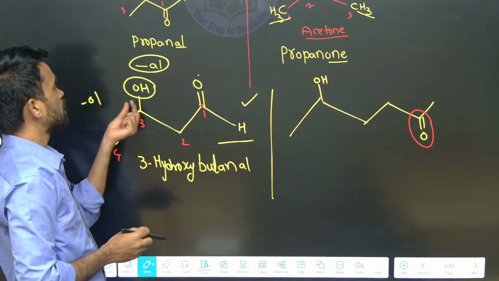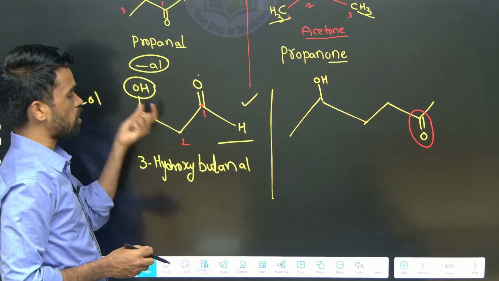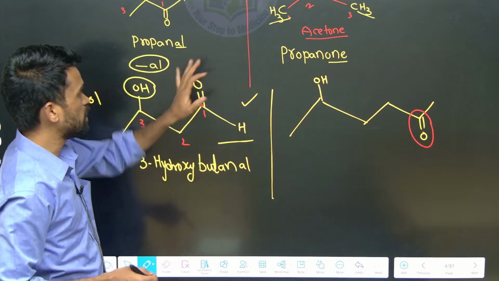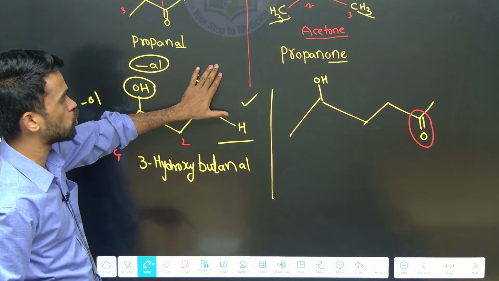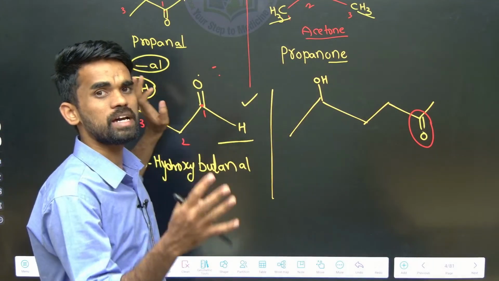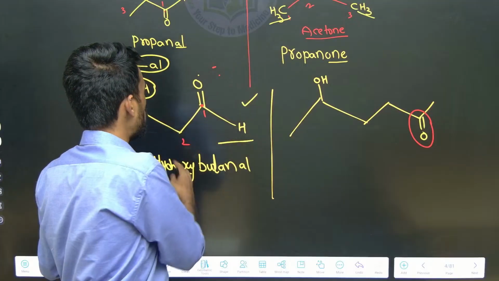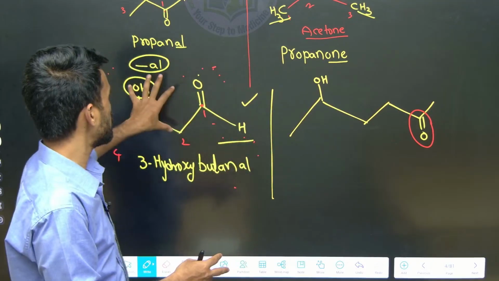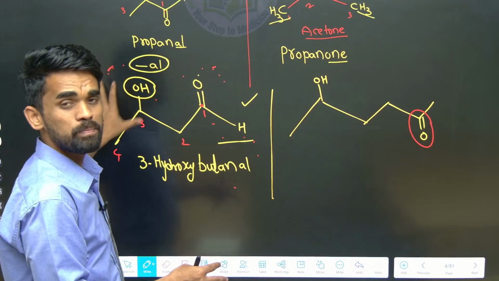And if OH is a prefix, not a suffix, here it is a prefix now, because the ketone is the principal functional group. Whatever functional groups are present other than the principal one are considered prefixes only. Only our principal functional group becomes the suffix; all others become prefixes.